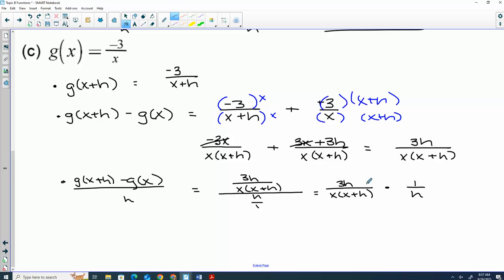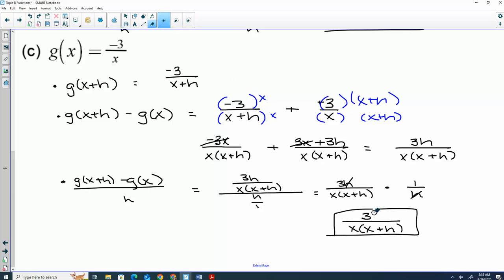So we just get 3 over x times x plus h. So we had to refresh our common denominator skills. Questions on these? Do you need more of any of these types? We're okay with that?